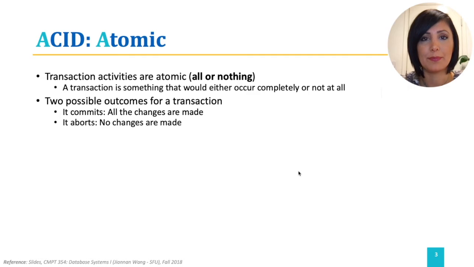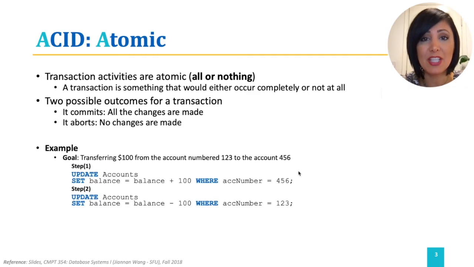For example, assume we have a banking transaction to transfer $100 from an account 123 to the account 456. We have a relation accounts, which account number and balance are parts of it. There are two steps in this transaction: adding $100 to account 456 and deducting $100 from account 123.